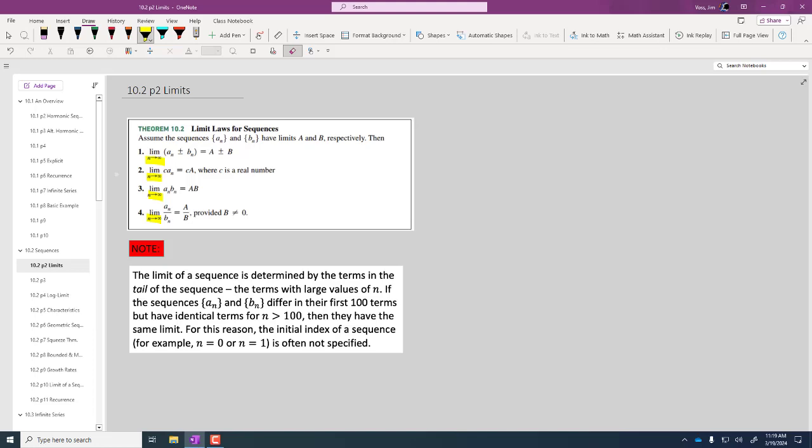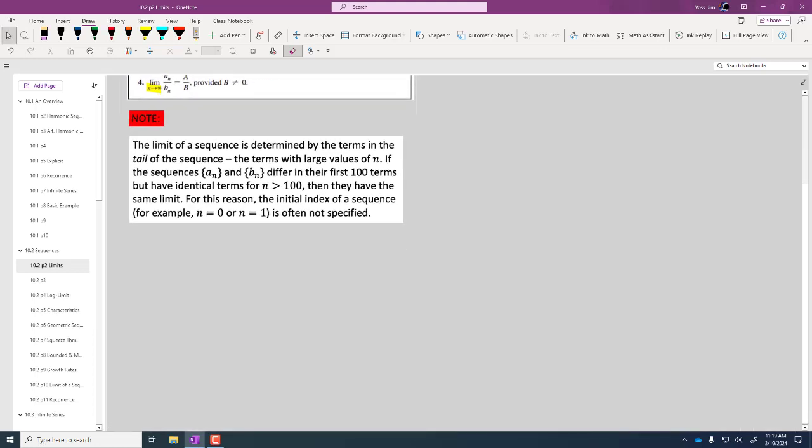You can factor constants out, just like derivatives and integrals. A product of sequences converges to the product of limits. So two sequences multiplied together, find the limit of each, multiply them together. And same with division, as long as you're not dividing by 0. So super intuitive, the way you can combine different sequences.